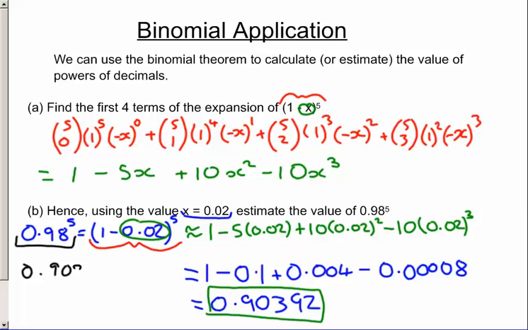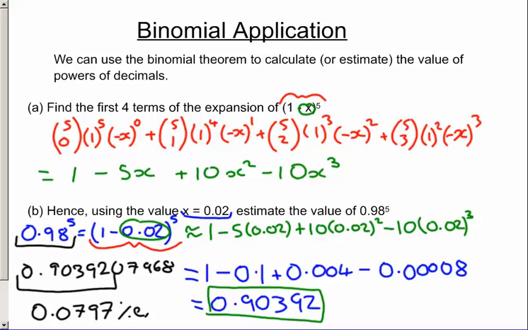We notice that our answer is the same to the first 5 decimal places. So it's correct to 5 decimal places. If we think of it as a percentage error on the actual thing, we're actually only getting a 0.0797% error on the actual value. So this is a very good estimate.